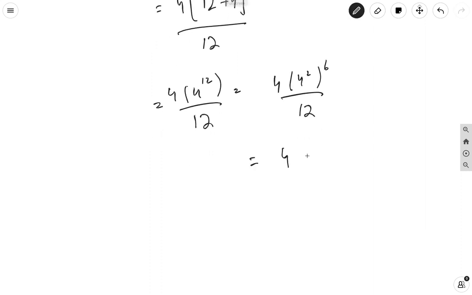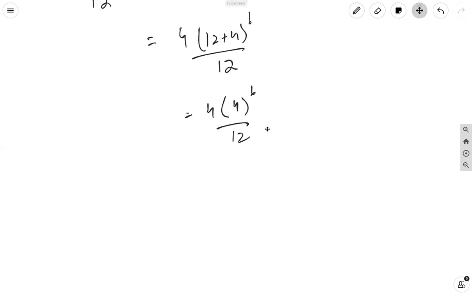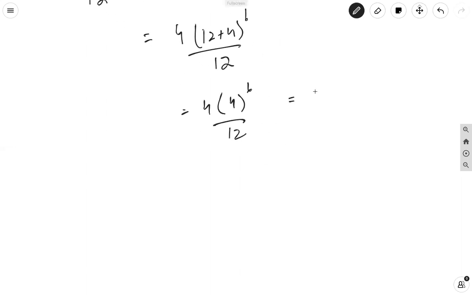And again, in the end, this came out to be 12 plus 4 power 6 over 12. And if we move further, this is 4 into 4 power 6 over 12. And moving forward, this will be 4 into 16 plus 4 into 4 power 6, right?